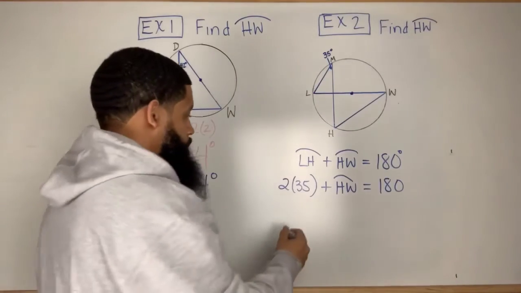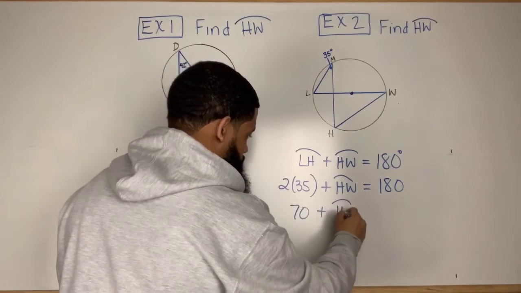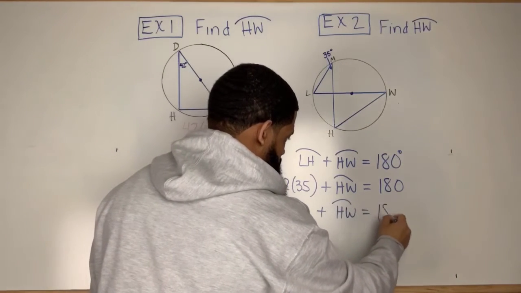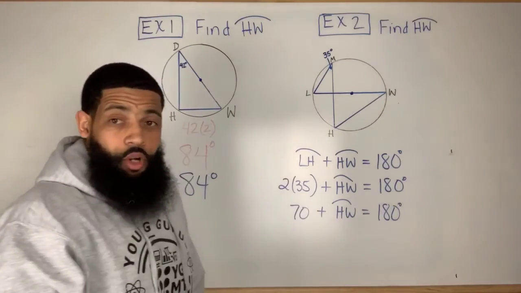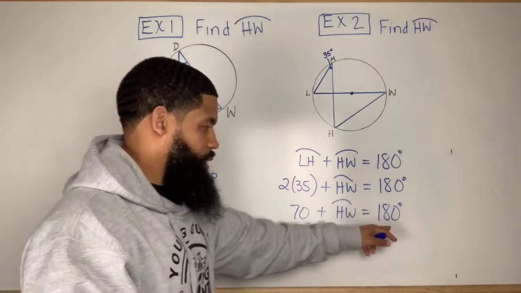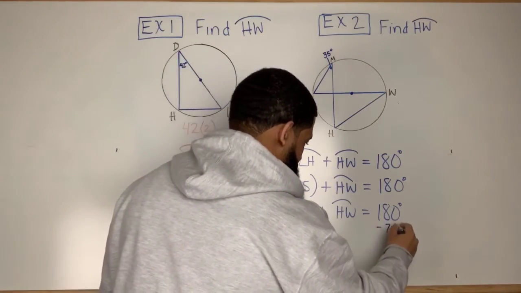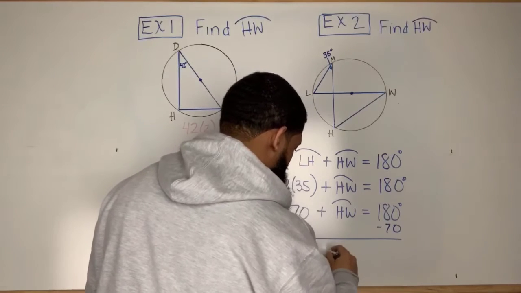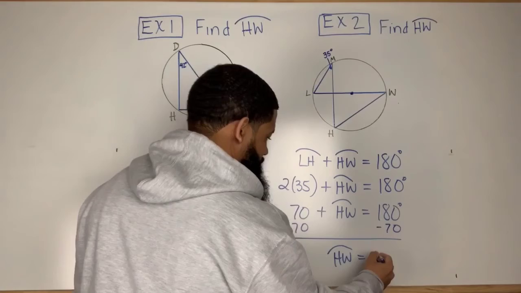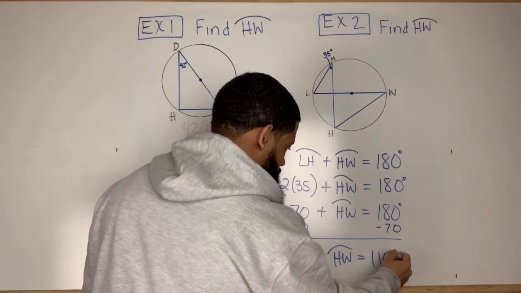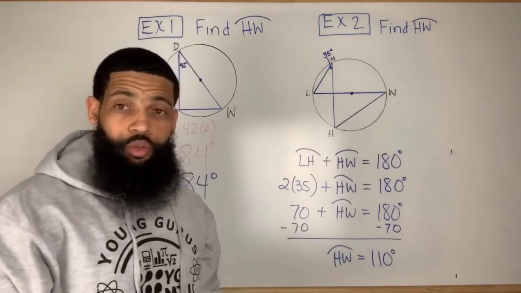So 35 times 2 is 70, plus arc HW equals 180 degrees. Then in order to find the measure of arc HW, we simply subtract 70 from both sides. Arc HW is going to be 180 minus 70, which is 110 degrees. So the measure of arc HW here is 110 degrees.